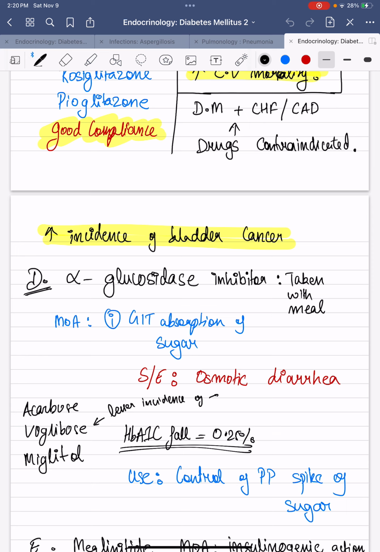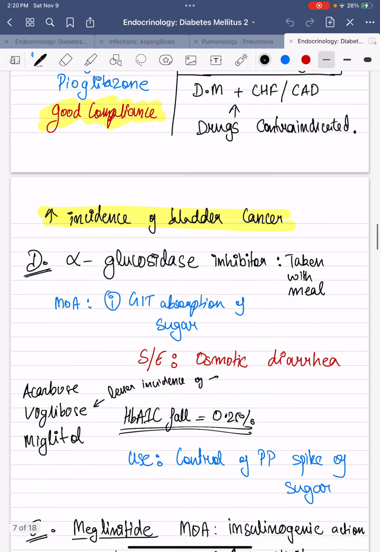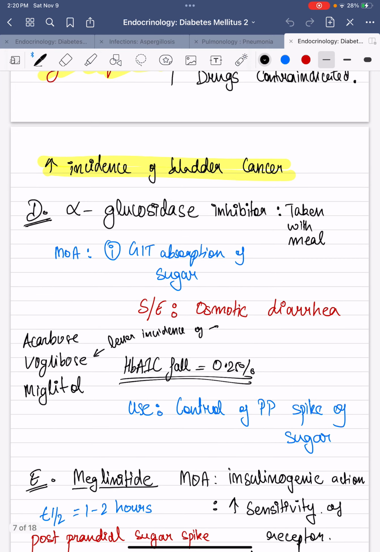So, the side effect in this drug is osmotic diarrhea. So we give acarbose, voglibose, and miglitol because these three drugs, even though they are alpha glucosidase inhibitors, have a lower incidence of osmotic diarrhea. That is acarbose, voglibose, and miglitol.